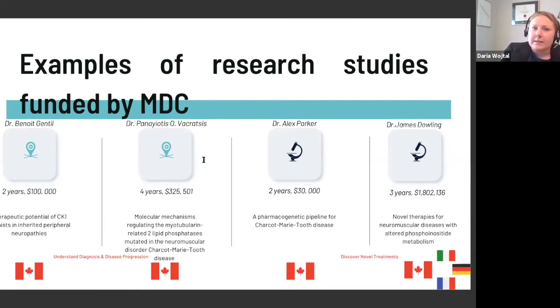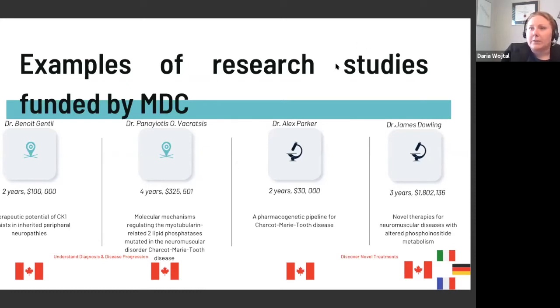What kind of imbalances do we have in the various molecular systems? And really looking at which are potential areas that we can invest in for drug development. Understanding what causes it and how the disease progresses is the first step in developing those treatments. The next two projects that you see on the right are in the sphere of discovering novel treatments.